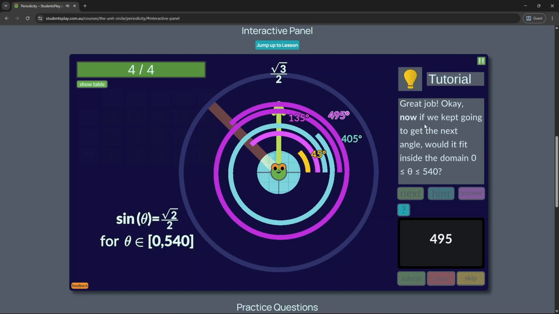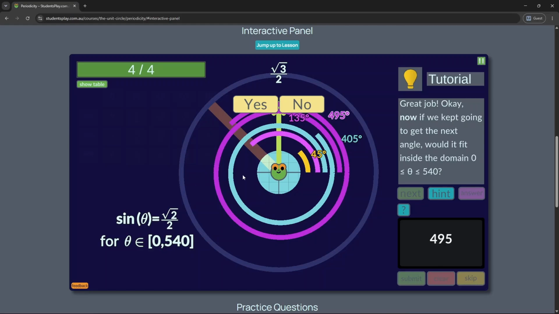Great job. Okay, now if we kept going to get the next angle, would it fit inside the domain? A couple of ways to think about it. A really easy way is just get that angle again, so the 405, and add on another 360, which would be 765, I think. And that's definitely more than 540. You can also sort of do it visually, so we just went around 360, and an extra 180 would get you to the 540, which is here, and then you can't do anything else.